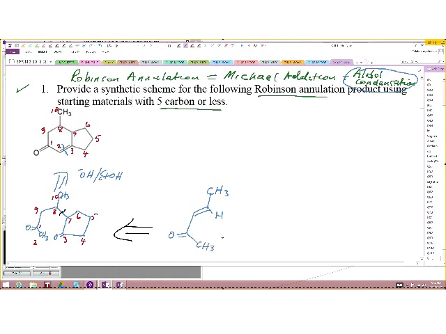So that would be the Michael addition system right here, the alpha beta unsaturated system. And how many carbons does it have? 1, 2, 3, 4, 5. So that meets the requirement of 5 carbons or less. And then on this side here will simply be a nucleophile, I mean your carbonyl compound.